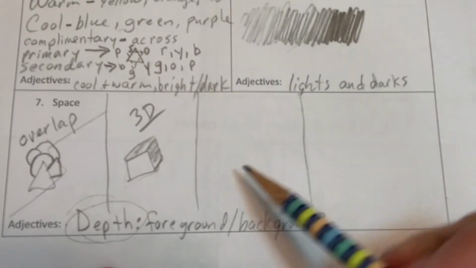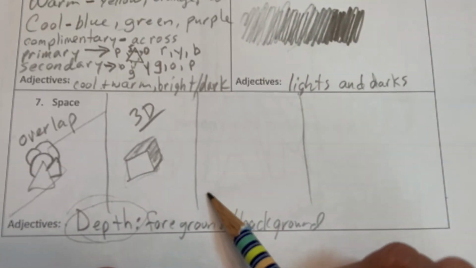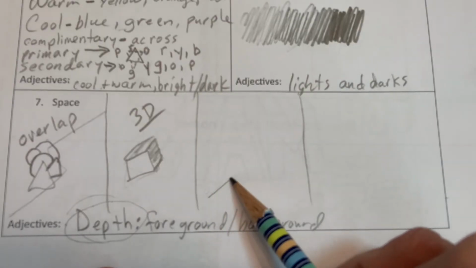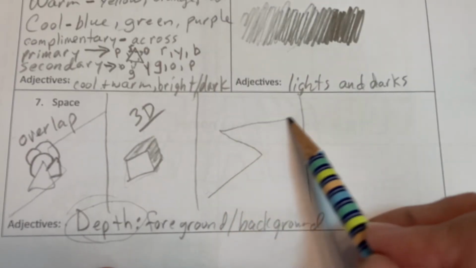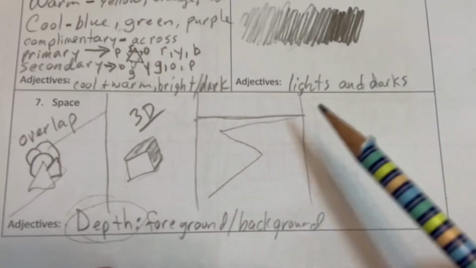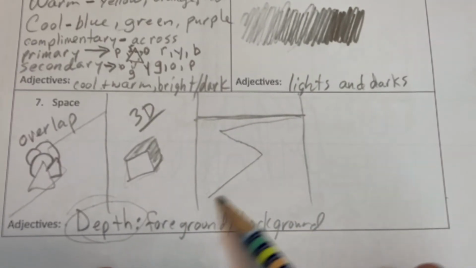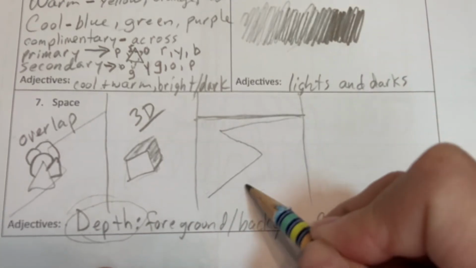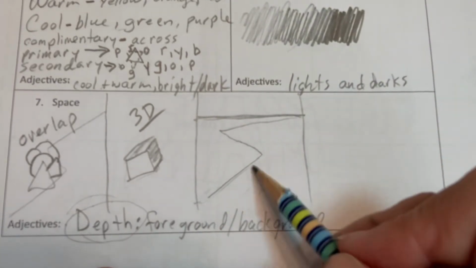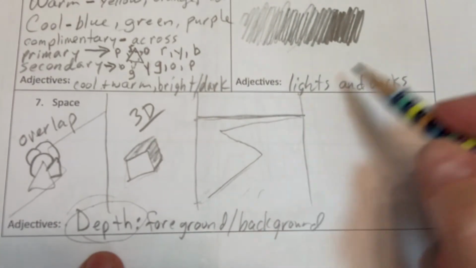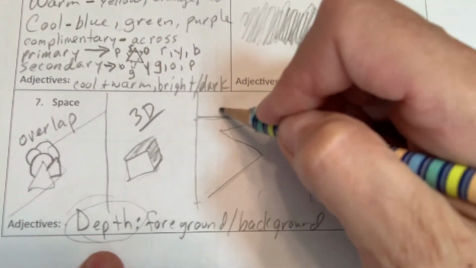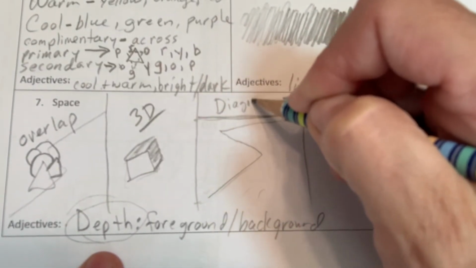And then the other one, we have diagonal lines that go back. This is more when you have a horizon line and a landscape. I'm just going to write diagonal lines.